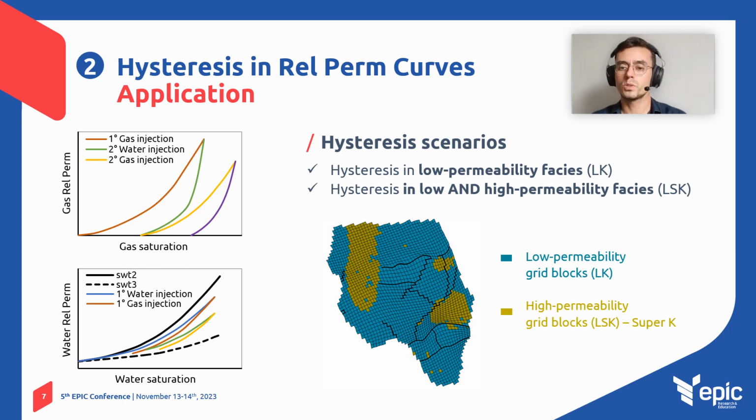And we have two hysteresis scenarios: hysteresis only in low permeability grid blocks, and hysteresis in low and high permeability phases. So in Super K, I considered very low values for hysteresis parameters, and we are going to see the results.